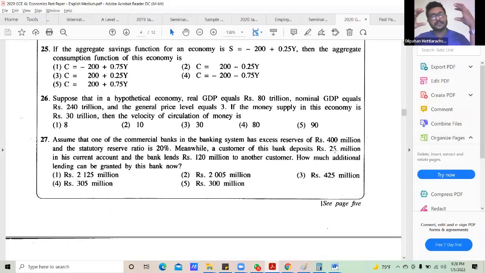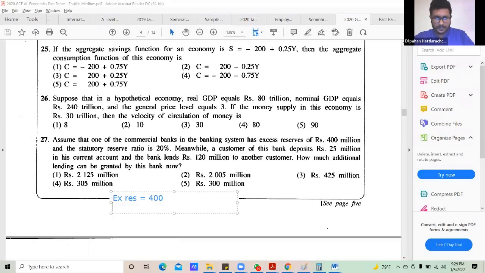So then what will happen? Initially the excess reserve was 400. And then what happened? There is a customer deposit of 25 million.